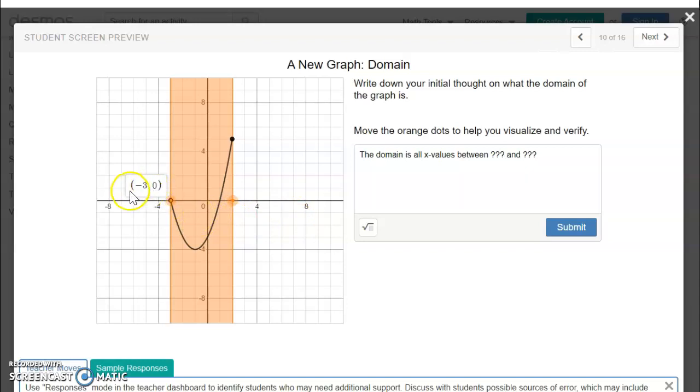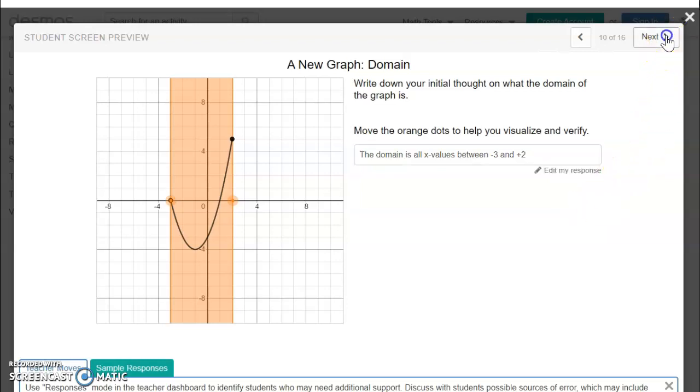So the x value is -3, and then the y value is 2. So I know that x extends from -3 to +2, like so. That's what I would do, and then I would submit.